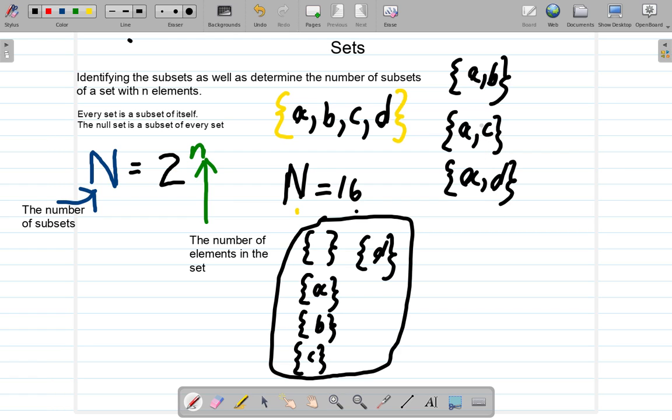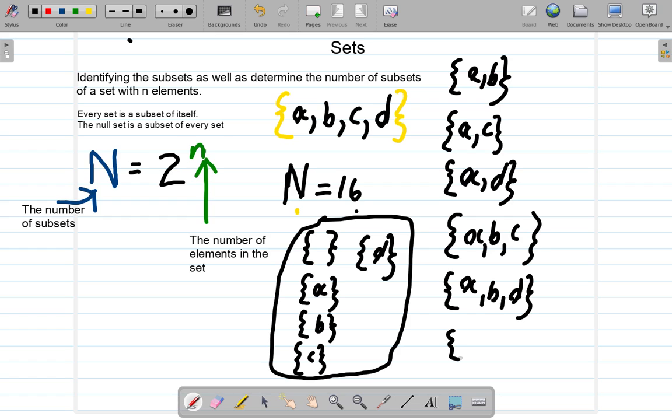So that's 3 of them so far. Let's look at those with 3 elements in each. We have A, B, C. Then we have A, B, D. Alright. Then we have ABC, ABD, ACD.